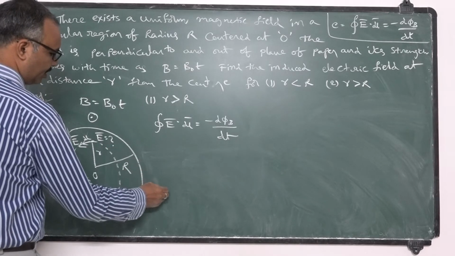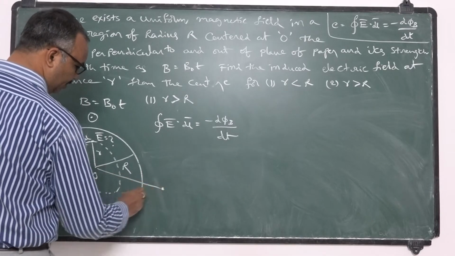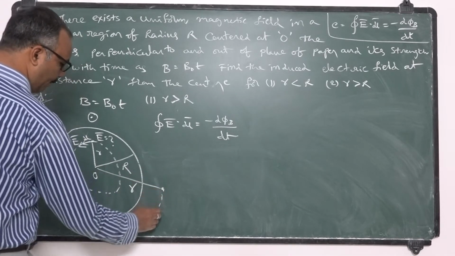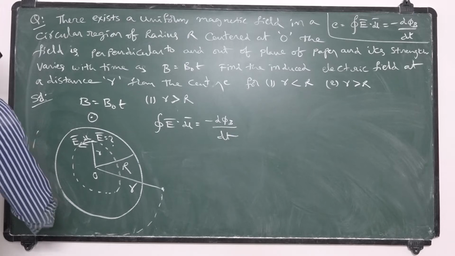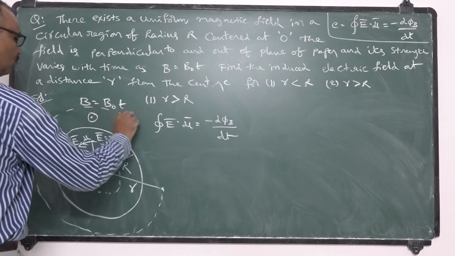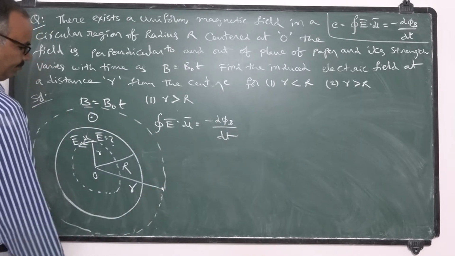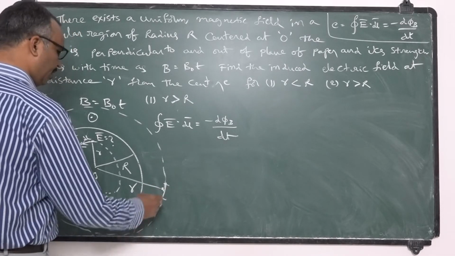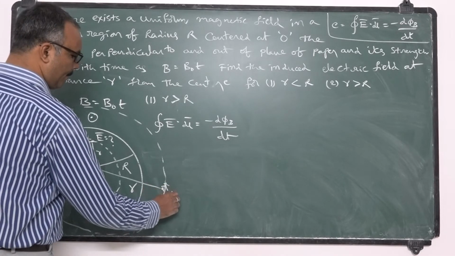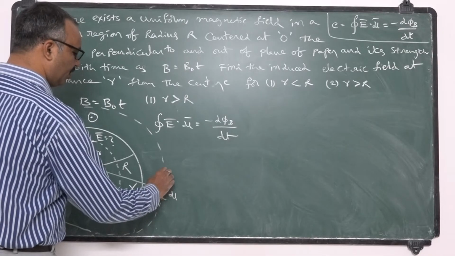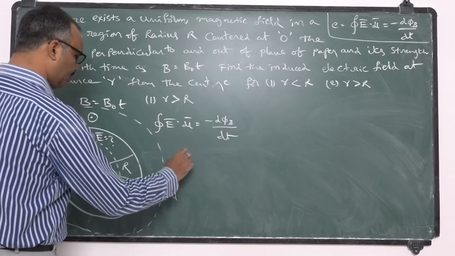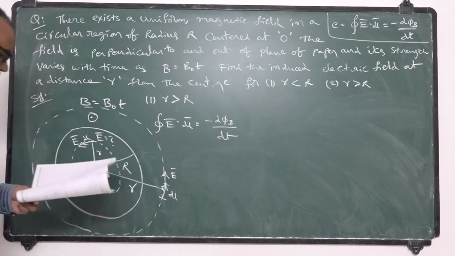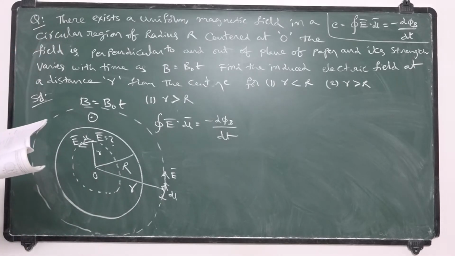In the second case, small r is like this. We should consider the area like this. At this point again you should take a small element dl. Again E bar will be in the same direction.